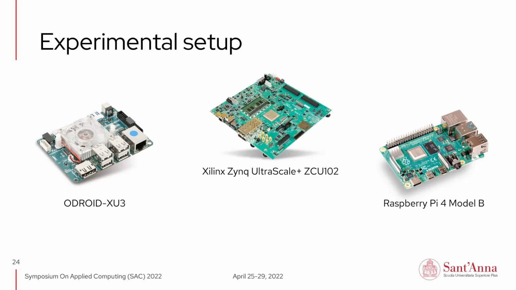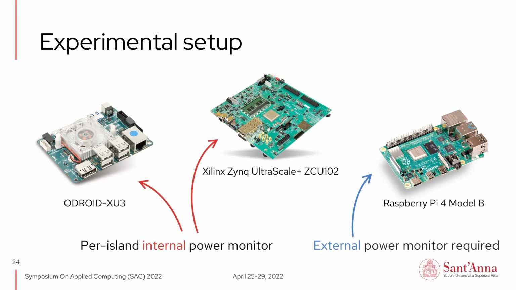We have the Odroid XU3, a heterogeneous multi-core platform with ARM big.LITTLE architecture, the Xilinx UltraScale Plus, and the Raspberry Pi 4. Of these platforms, the first two provide internal power monitors on a per-island basis, while the Raspberry Pi 4 provides no power monitor at all.